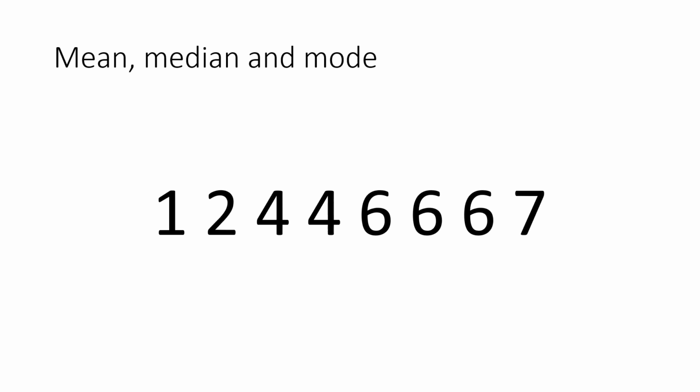So looking at the mean, median, and mode for this, I'll see if I can work it out. To work out the mean, you add all of these together. So it'd be 1, 2, 4, 4, 6, 6, 6, 7.